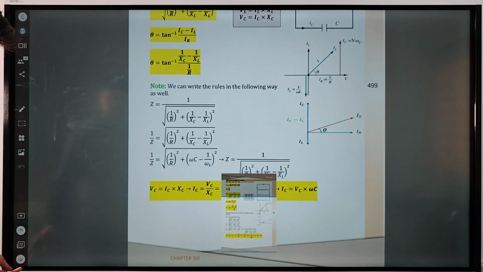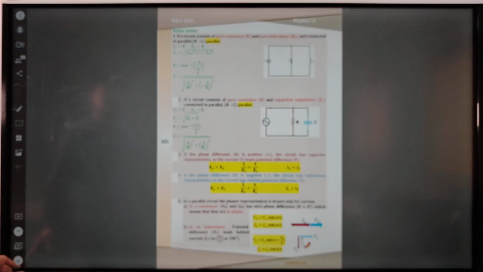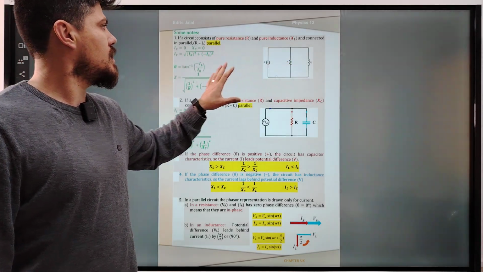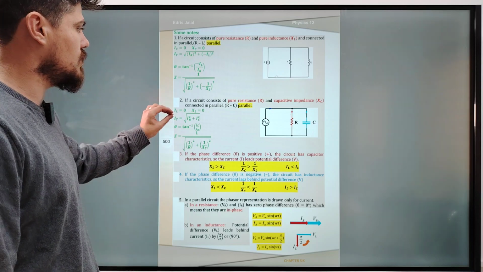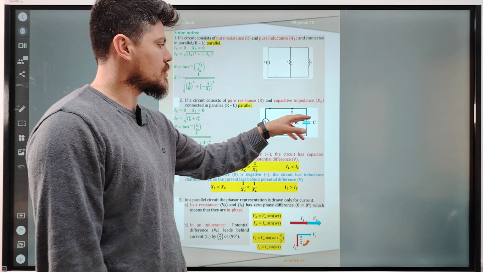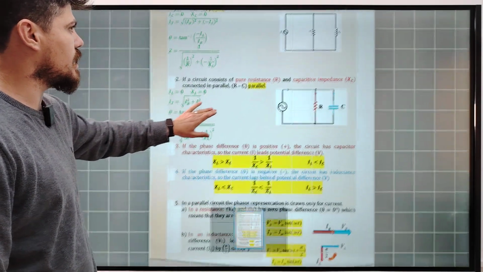When the circuit is connected with only the resistance and inductance, you can skip the capacitance, or the capacitance is 0, and in the case the circuit is connected with the resistance and capacitance, you have to remove the value of XL.